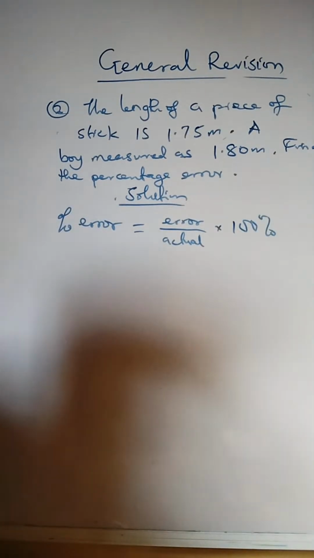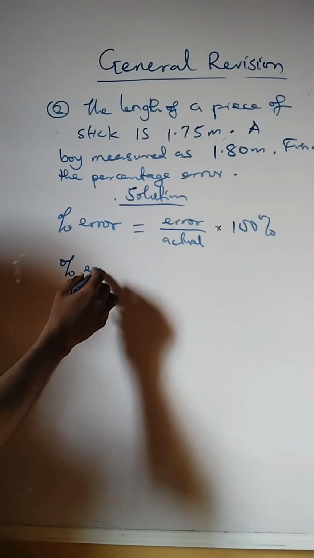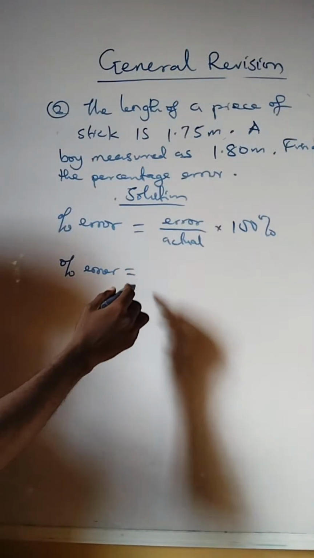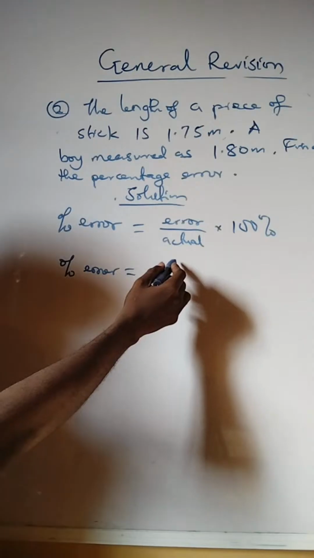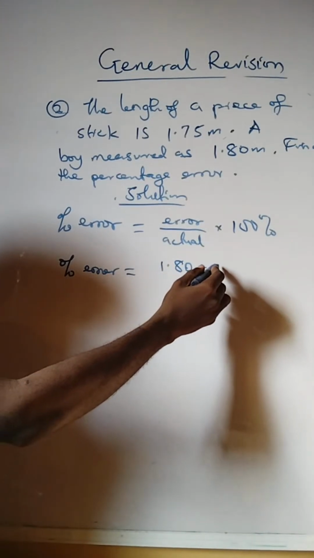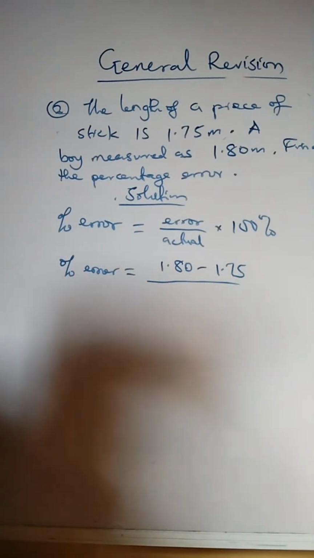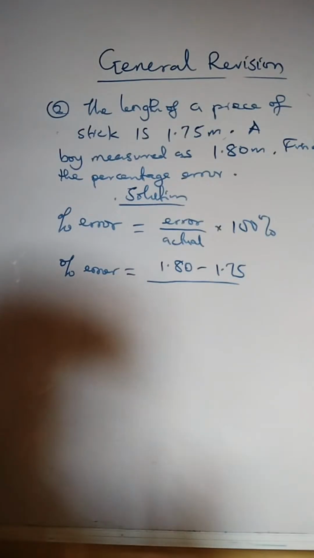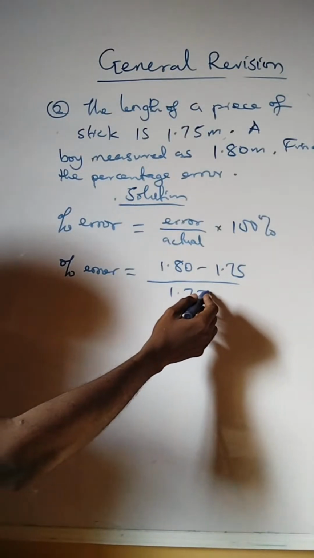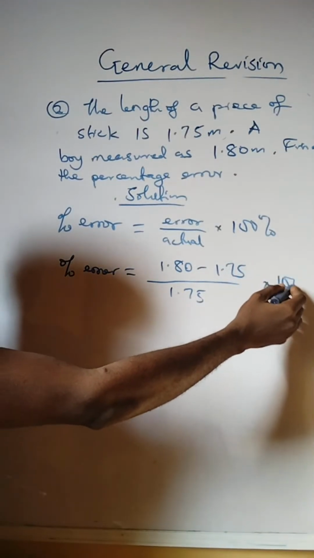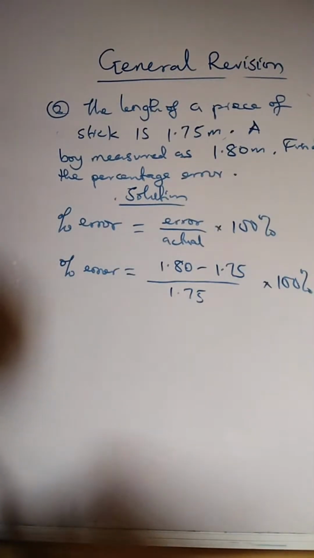This error here is the absolute error, the difference between the two numbers, the bigger one first. That's 1.80 minus 1.75, divided by the actual one. The length of the piece of stick is this, and the boy measured it as this. So the original or actual length is 1.75, then times 100%.